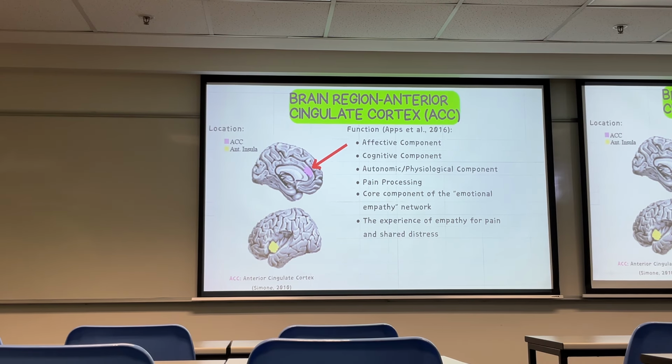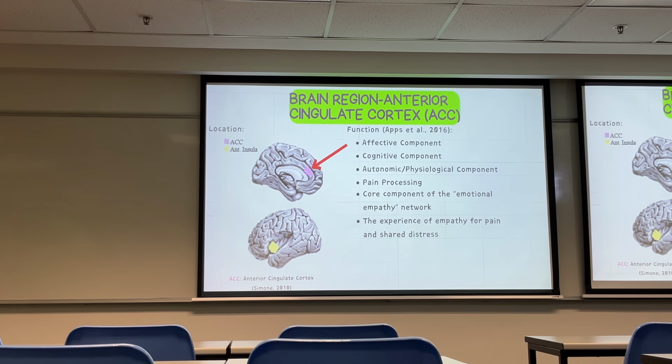The first one is the affective component, processing emotion, especially the unpleasantness and distress associated with stimuli. The second one is the cognitive component, involved in conflict monitoring, error detection, and executive attention.